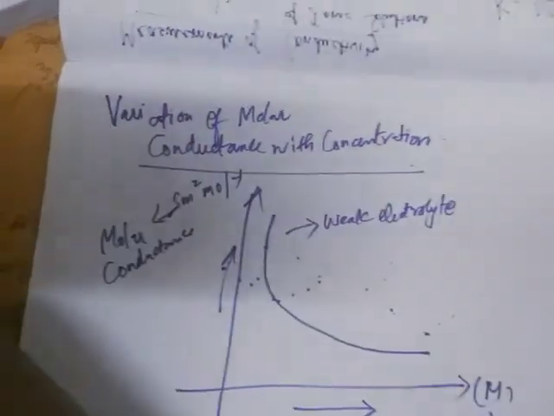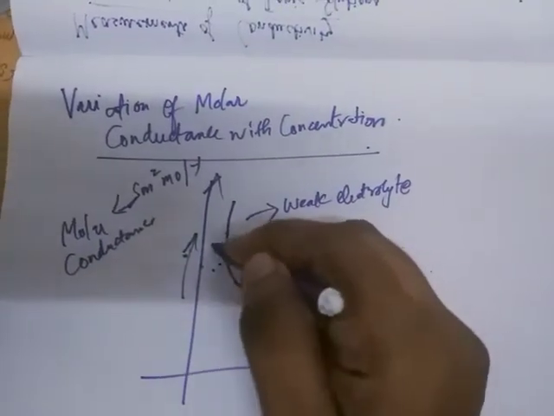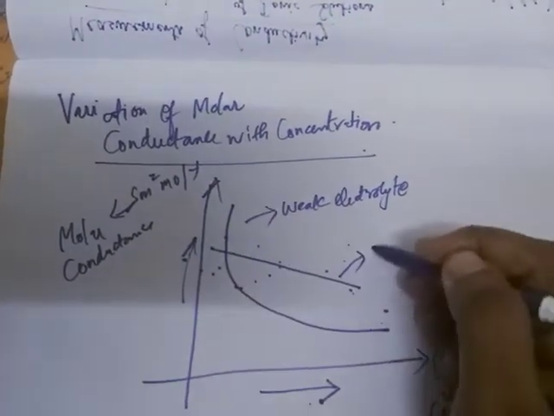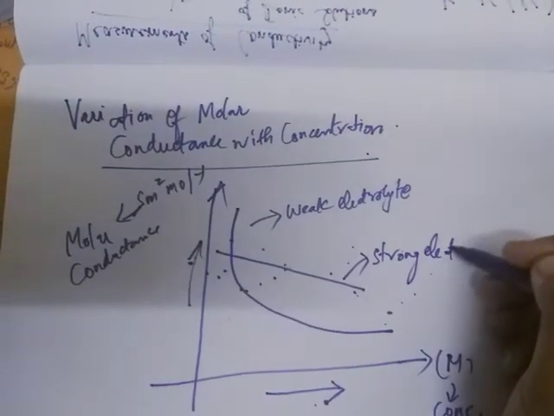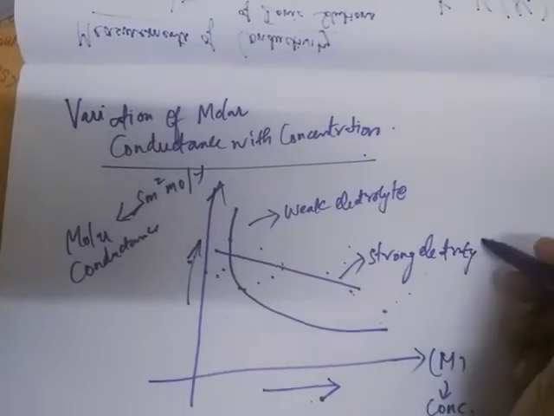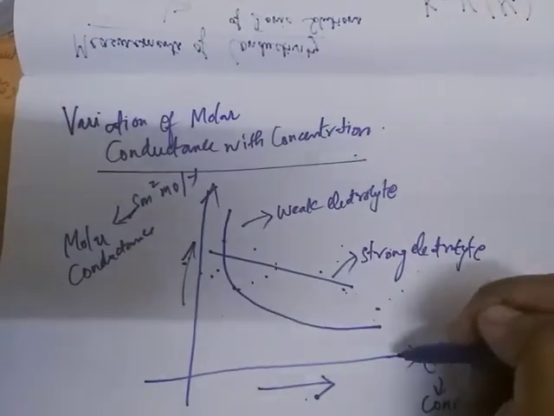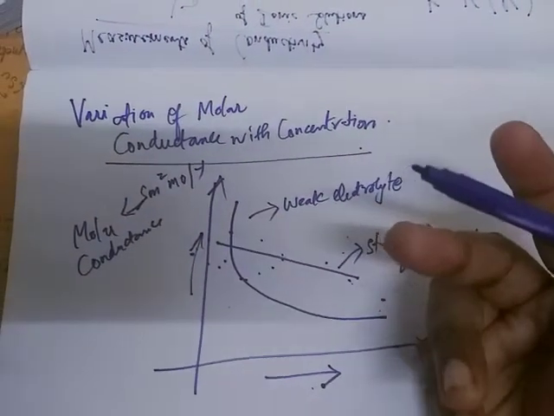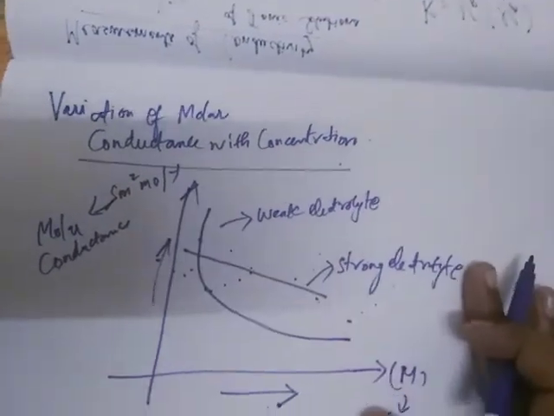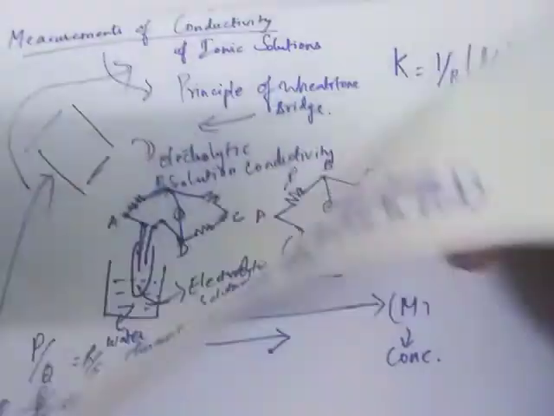But if the electrolyte is a strong electrolyte, the molar conductance decreases as we increase the concentration.